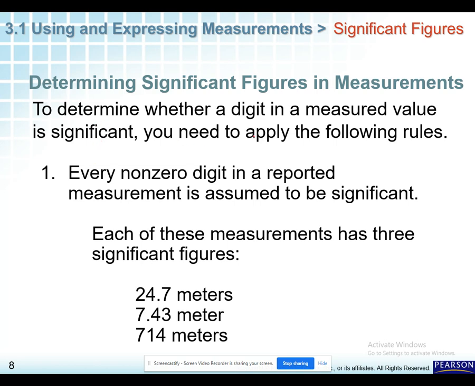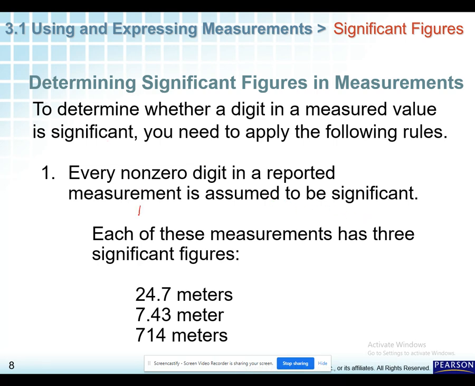So, determine whether a digit in a measured value is significant. There are rules that you're going to have to follow. If you are uncertain if a 0 should count or if a number should count, go back through these rules step by step. So the first rule is every non-zero digit in a reported measurement is assumed to be significant.